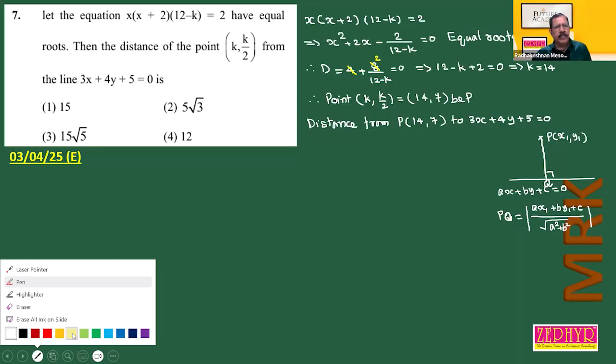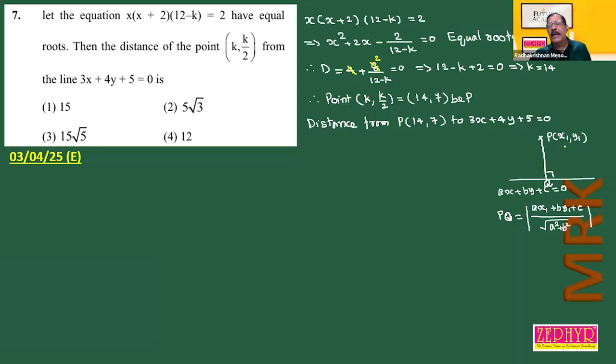Here P x1 y1 is 14,7. So x1 is 14, y1 is 7. And this equation is 3x plus 4y plus 5 is equal to 0. Okay.